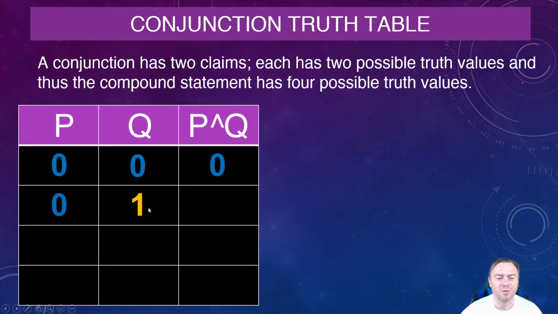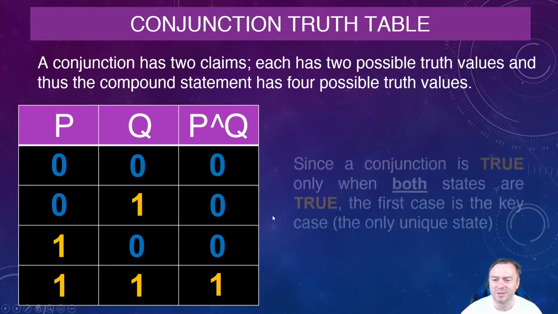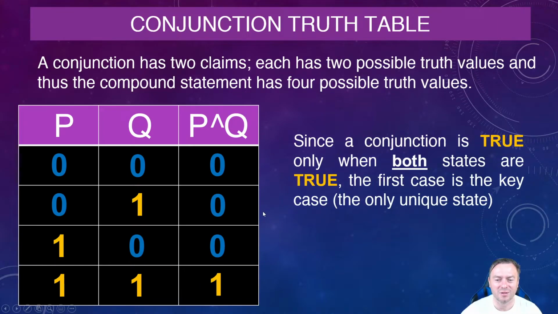If we have P and Q with Q being true, that's false. And if we have P and Q where P is true, that's false. The only time when this conjoining is happening is when we do P and Q merged together. So conjunction is only true when both the states are true. Okay, this is the unique case that we talk about. If you look down here, there is only one time where 1 happens, which is the key case.